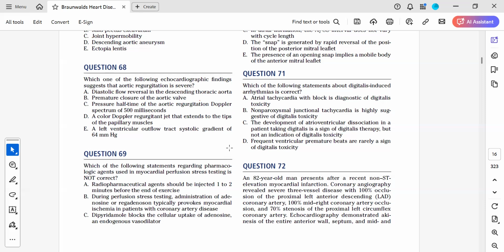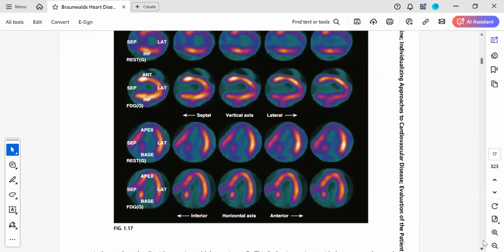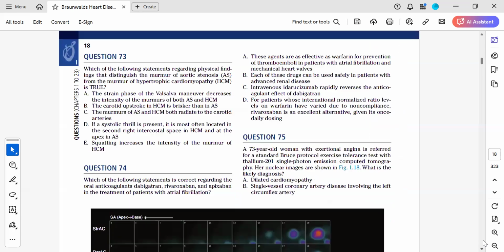And lastly, there was also 70% stenosis of the proximal left circumflex coronary artery. Echocardiography demonstrated akinesis of the entire anterior wall, septum, mid, and apical anterolateral wall with an estimated left ventricular ejection fraction of 20%.